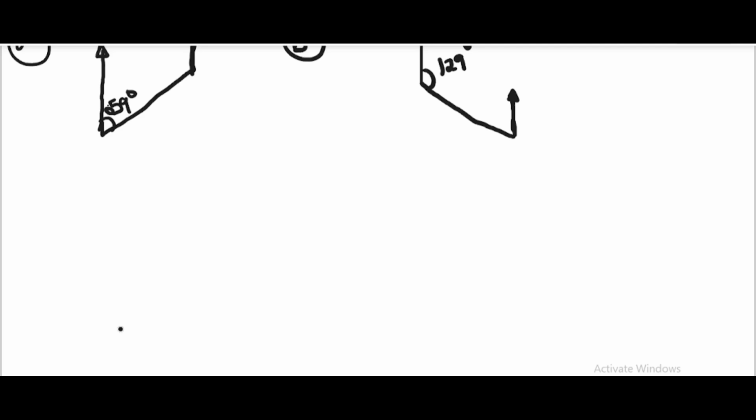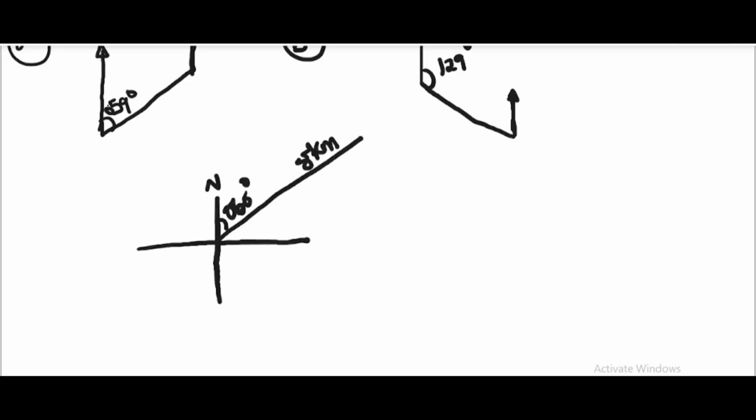So now, a boat, let's locate 60 degrees first. So I have my 60 degrees here. So what's the distance? The distance traveled is 8 kilometers to another position.